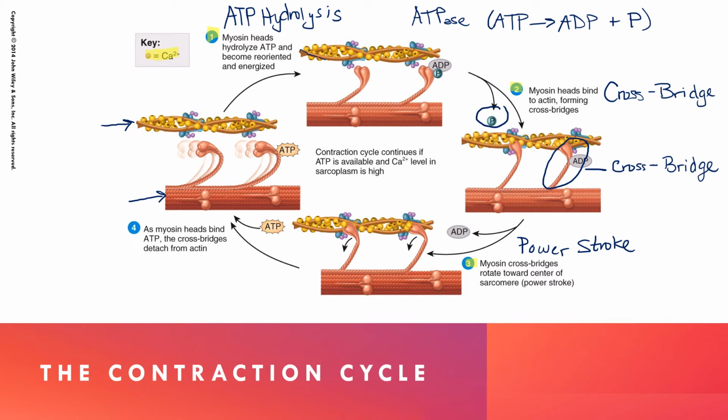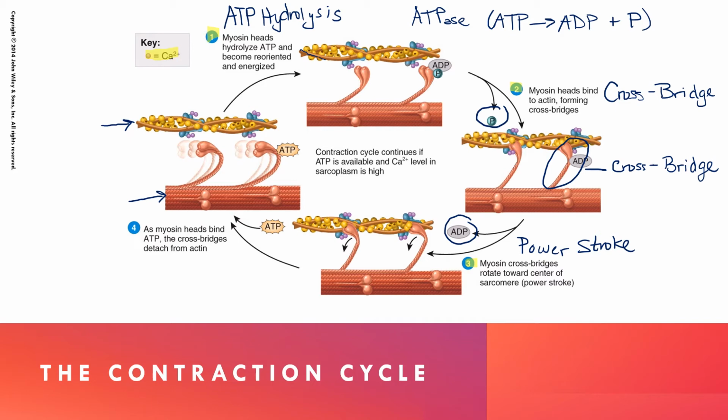Now during a power stroke, the site on the cross bridge where ADP is still bound opens up. And as a result, the cross bridge rotates and releases ADP. So that rotation or movement of the myosin head releases ADP.